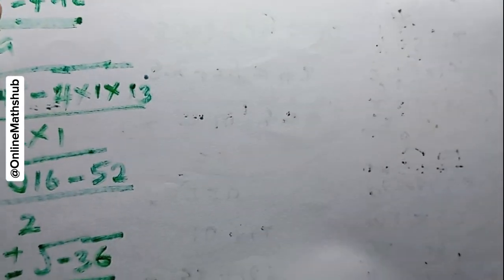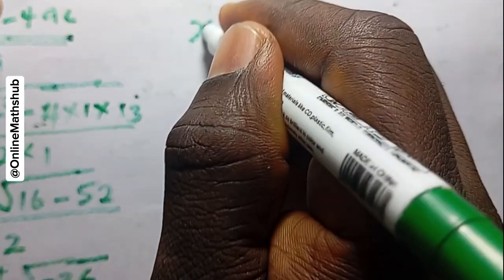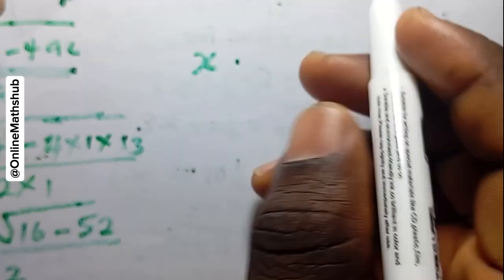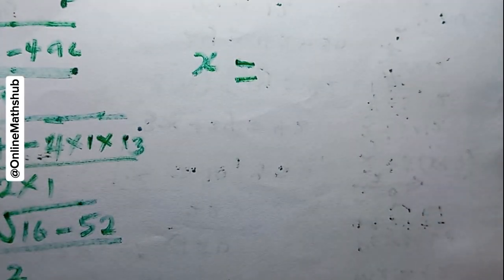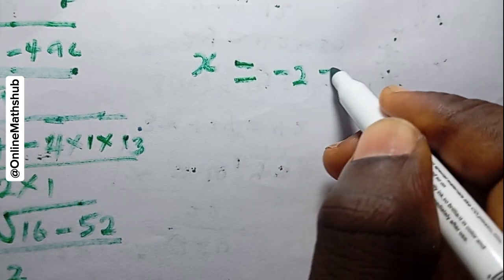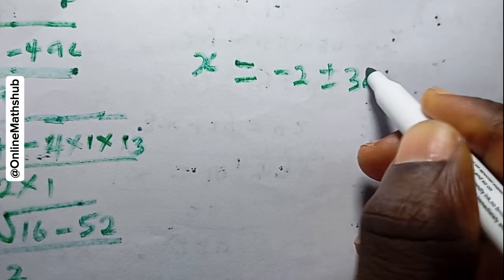Eventually x is now equal to minus 2 plus or minus 3i.